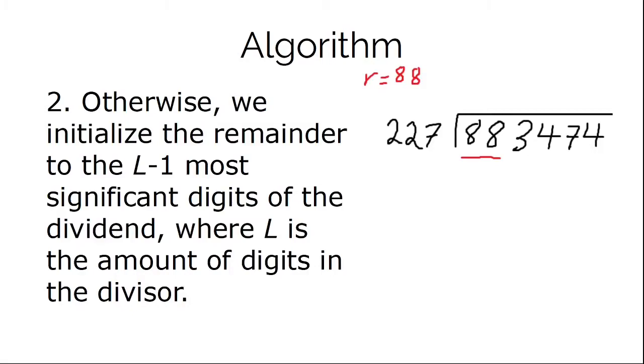Basically what this means is we are initializing the remainder to the first few digits of the dividend, and this doesn't seem to make a lot of sense at the moment, probably, but we will see how it makes more sense later. And the amount of digits that we're setting it to is 1 less than the amount of digits in the divisor.